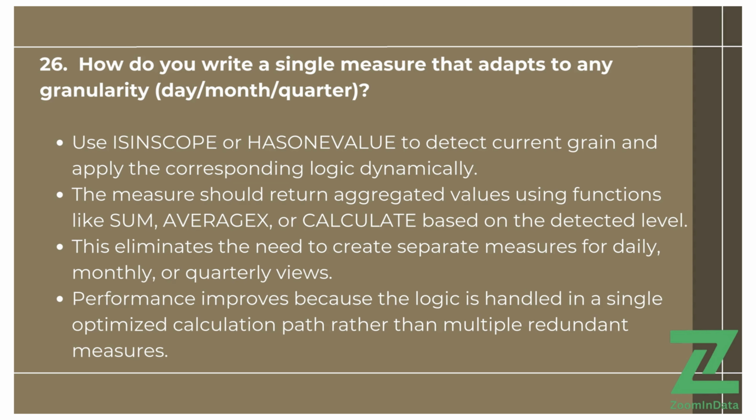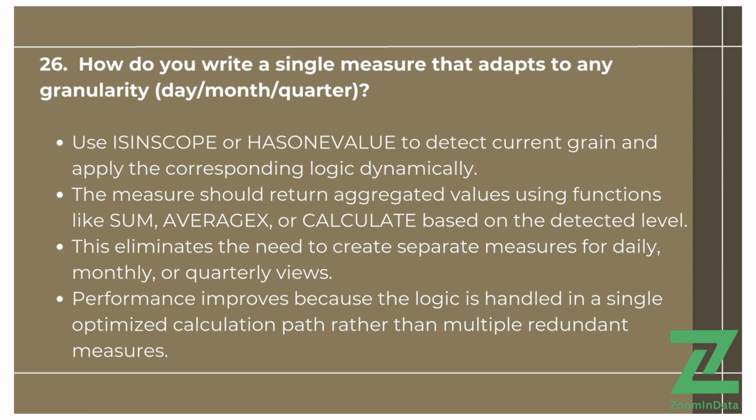26th question. How do you write a single measure that adapts to any granularity, such as day, month, or quarter? Use IN SCOPE or HASONEVALUE to detect the current grain and apply the corresponding logic dynamically. The measure should return aggregated values using functions like SUM, AVERAGEX, or CALCULATE based on the detected level.